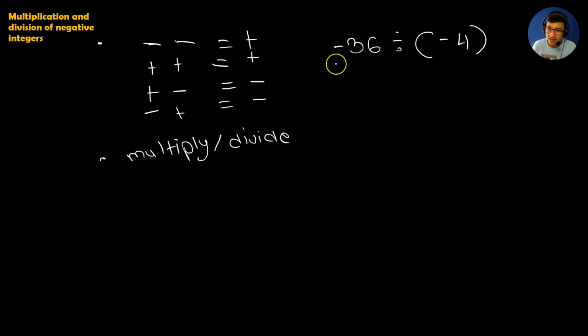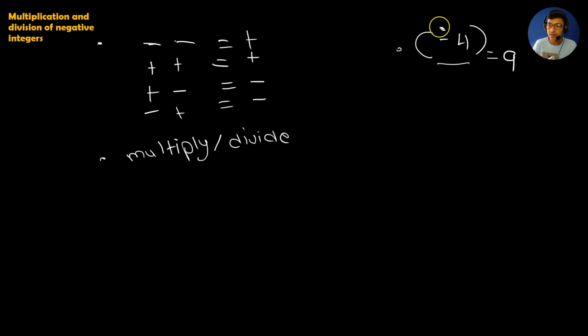They both have a negative, so a negative and a negative equals a positive. A positive number doesn't have anything on it, so we don't write anything, and we simply divide. 36 divided by 4 equals 9, and so our answer is 9.